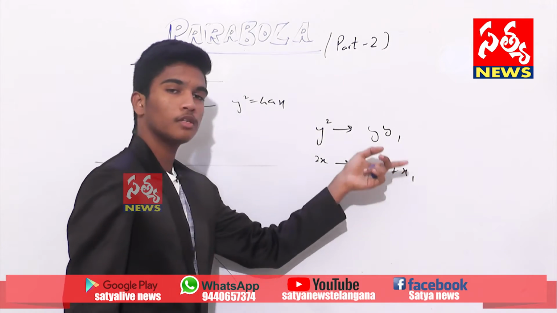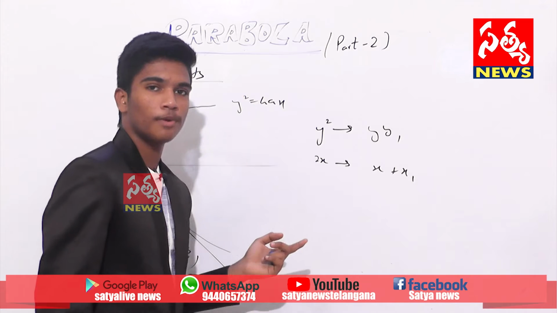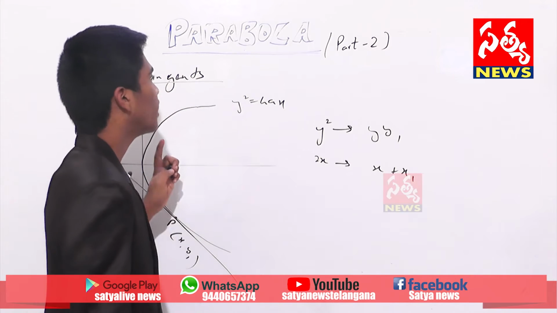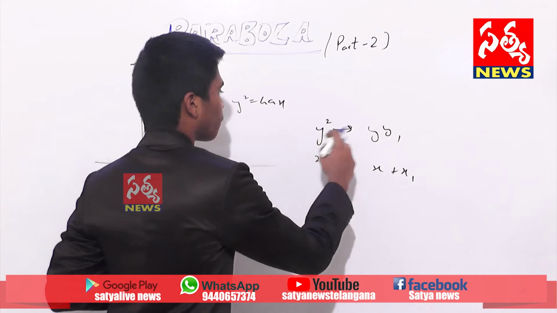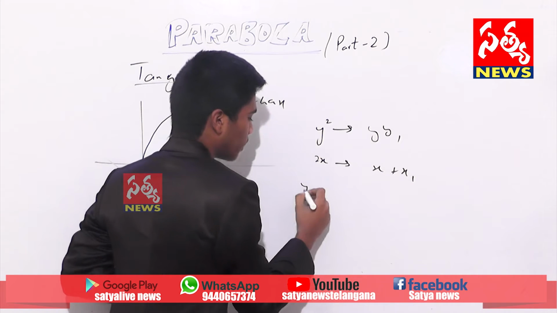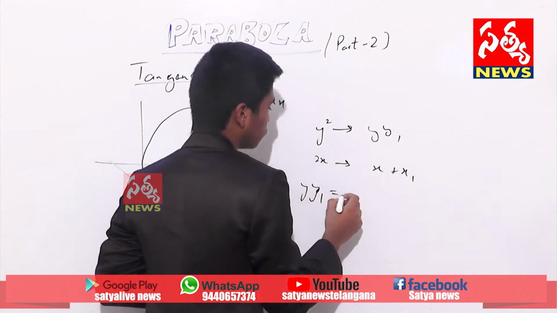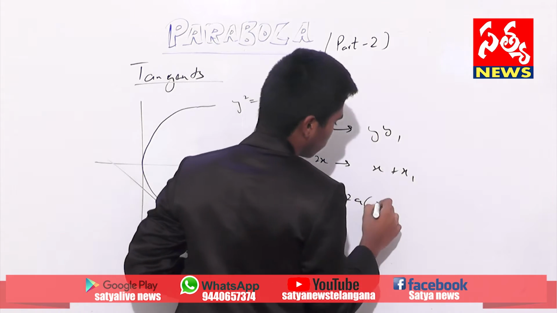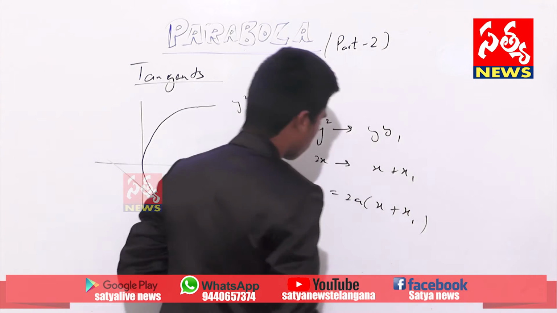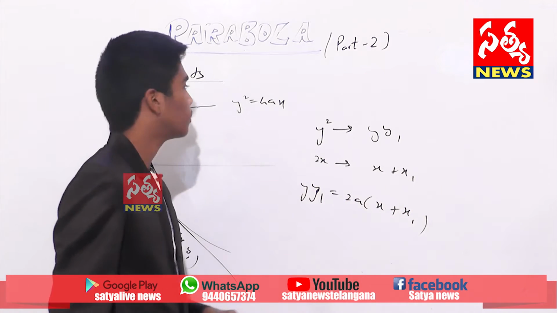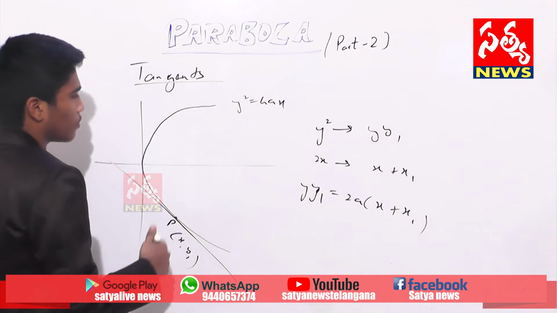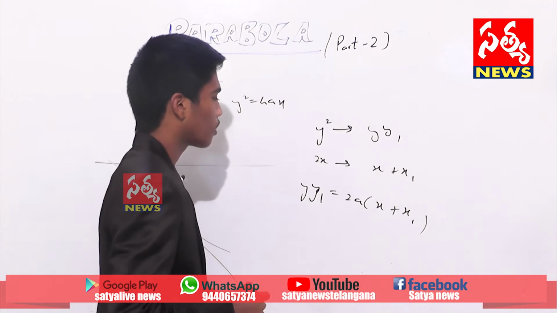We have discussed this kind of transformation in finding tangents for circles also. You can check there also. Now the equation will become y y1 equals 2a into x plus x1. This is one way of representation of the tangent to the curve y square equals 4ax.